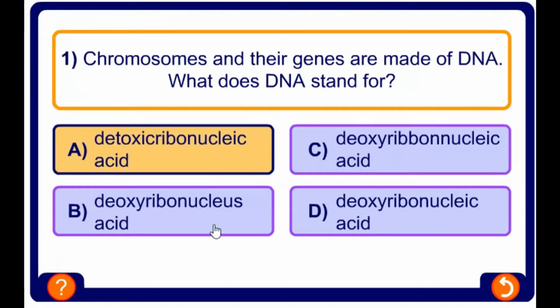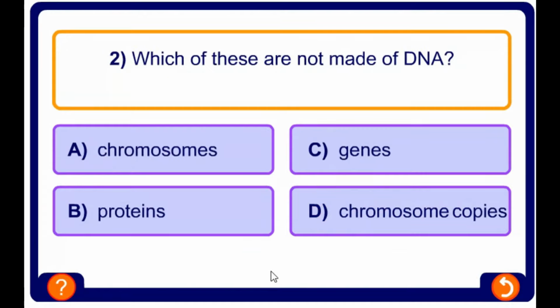Okay, time's up. Actually, the correct answer would be letter D, deoxyribonucleic acid. For question number 2, which of the following is not made up of DNA? A, B, C, or D? Is it chromosomes, genes, proteins, or chromosome copies? Definitely, the correct answer here is proteins.